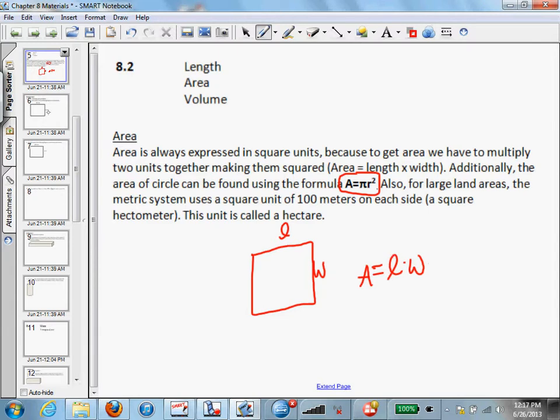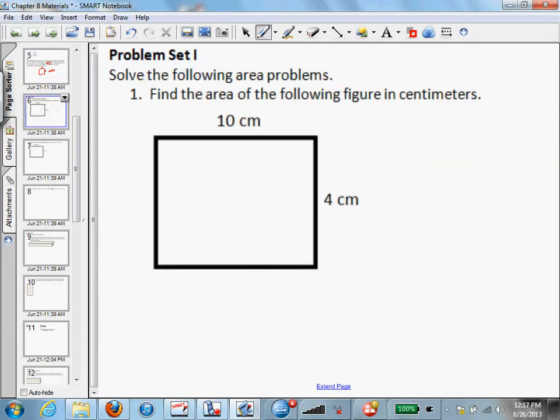So let's get started with some examples of that. Find the area of the problems. For number one, find the area of the figure in centimeters. So, area is length times width. In this case, this is going to be width and this is going to be length.